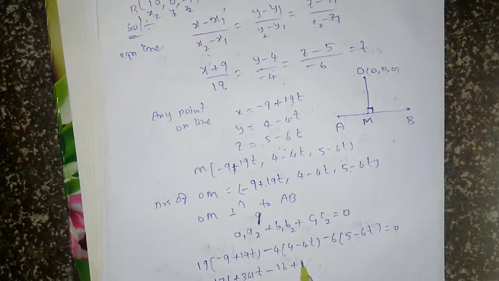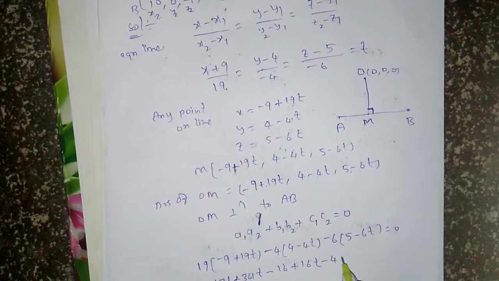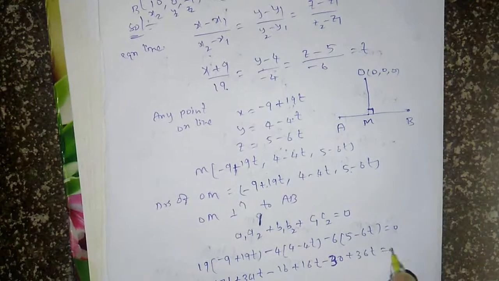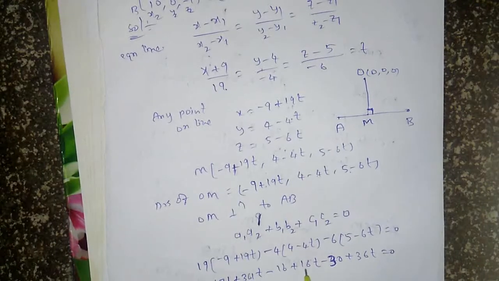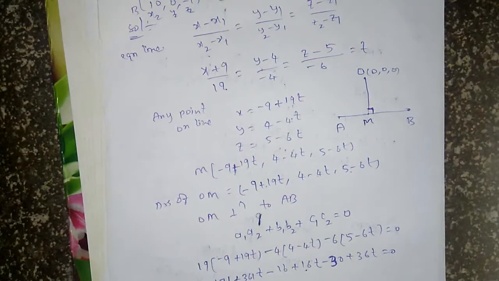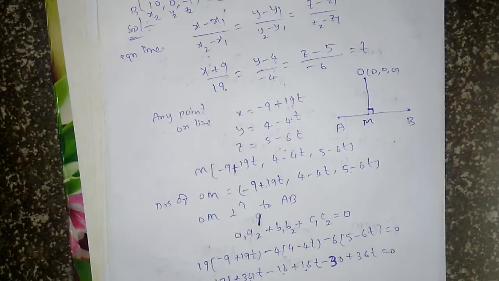This is 16 plus 16t, minus 6 times 5 is 30 plus 36t. So 361 plus 16 plus 36 is 413t, equal to 171 plus 16 plus 30, that is 217.